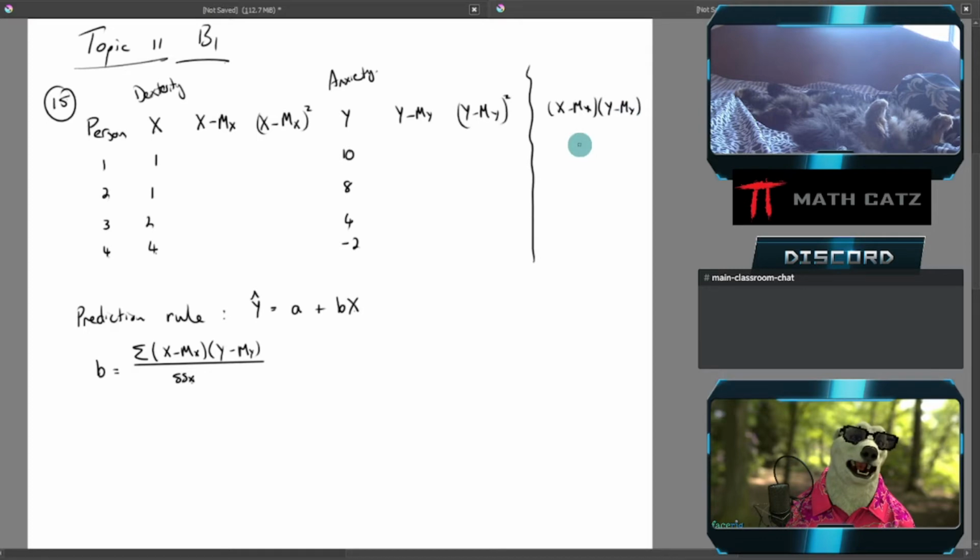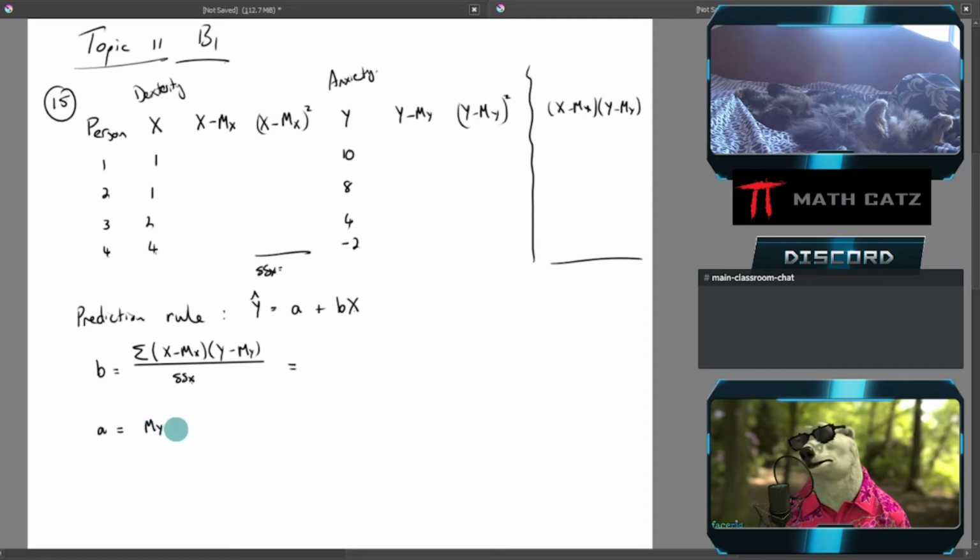We add them up here and divide by the sum of the squares, which will be this column over here, for the x variable. And that's going to give us our b. Then after we get b, we can calculate the a by taking the mean of the y variable minus that b that we calculated times the mean of the x variable.